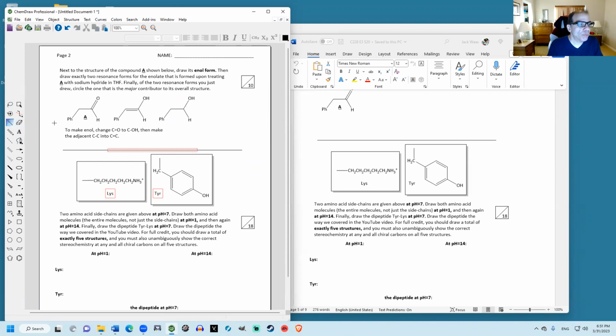So we just need to draw the resonance forms. We can make it from the enol. One of the resonance forms has the minus charge on oxygen.